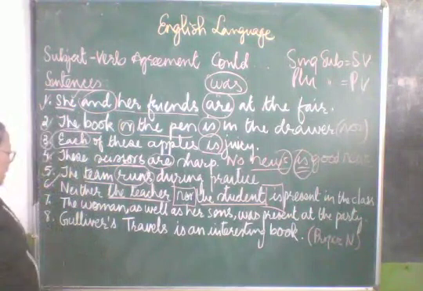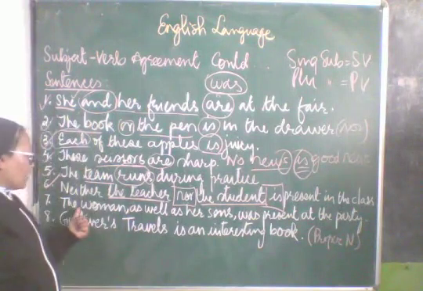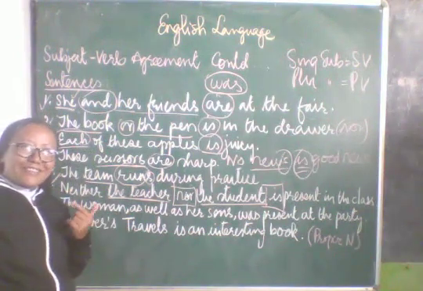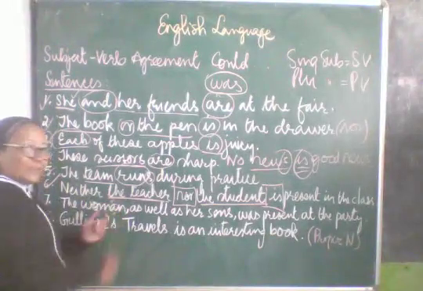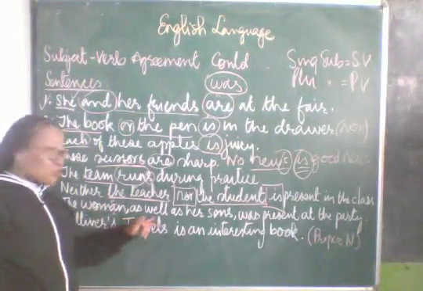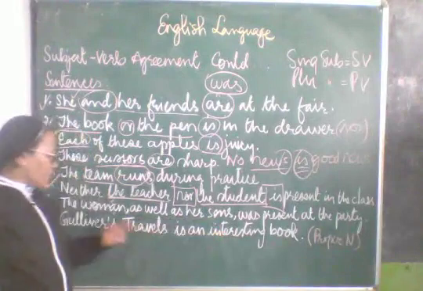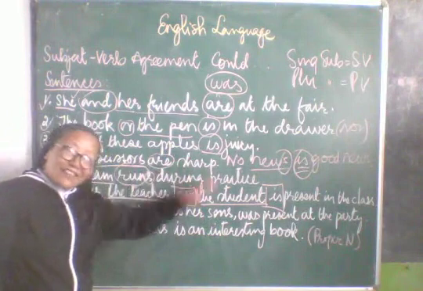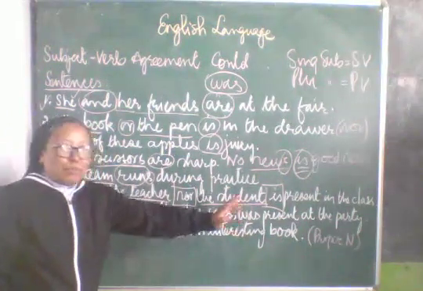Sentence 6 is done. Now look at sentence number 7. The woman, one woman. If it were plural, it would be E instead of A, women, no? But it is singular: the woman as well as her sons was present at the party.